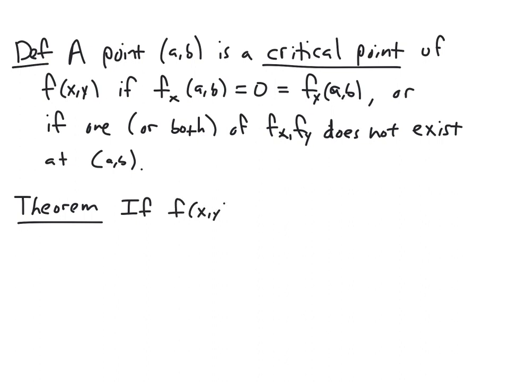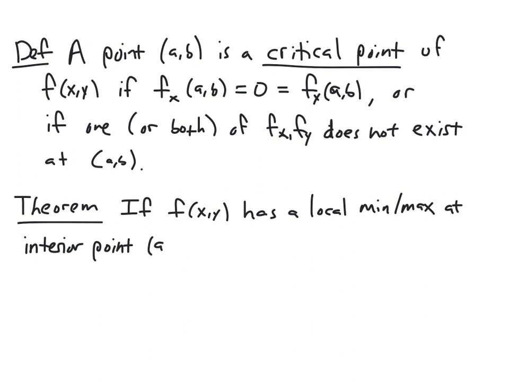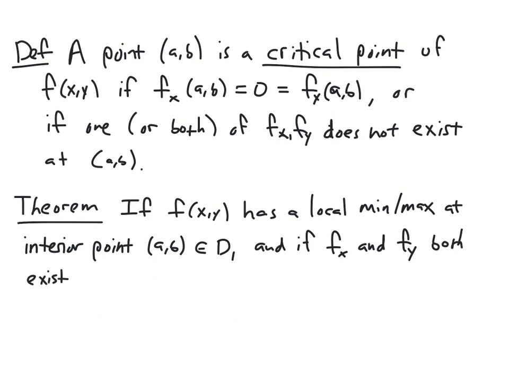If f of x, y has a local minimum or maximum value at an interior point (a, b) of our domain D, and if our partial derivatives f sub x and f sub y are both defined, or they both exist at our point (a, b), then our partial derivatives at (a, b) both must be 0.